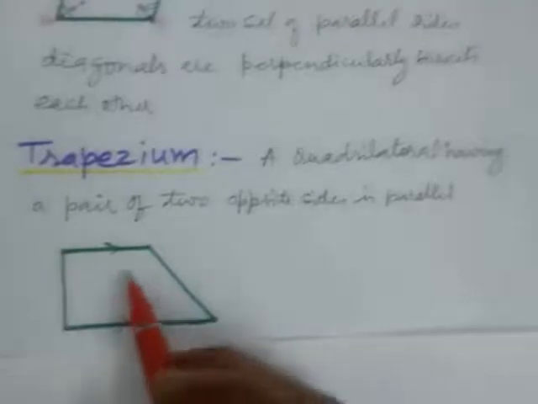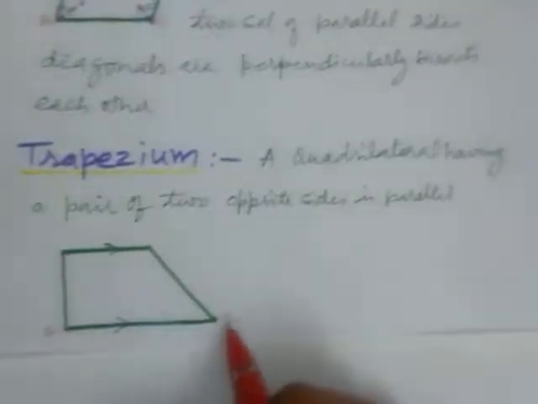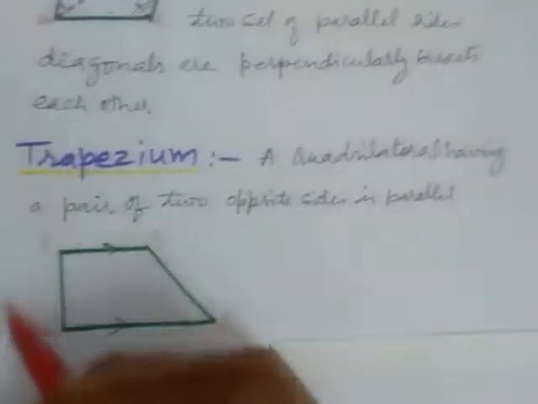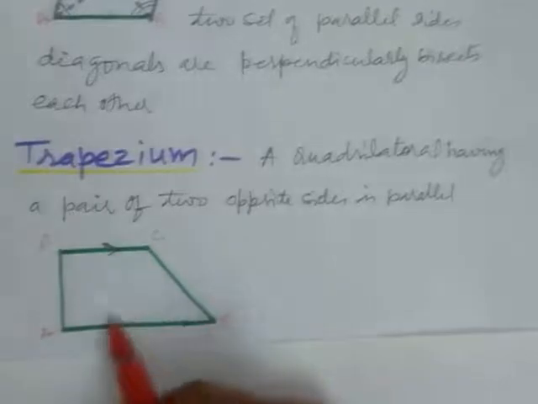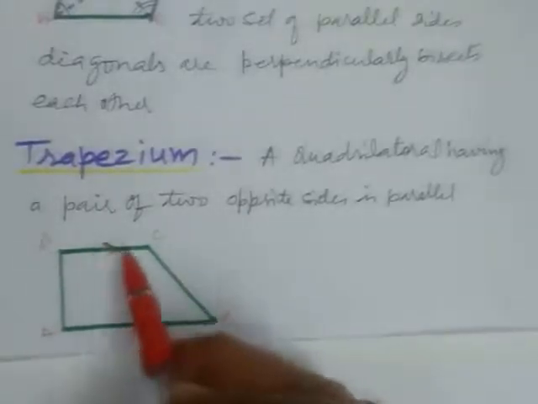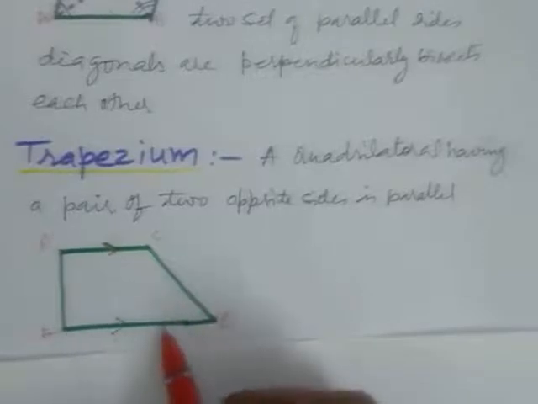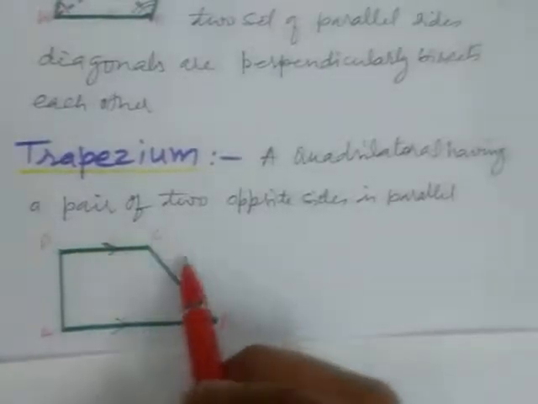Here is the trapezium. This is a quadrilateral ABCD having a pair of opposite sides, this and this, which is parallel. This line is parallel to this. So this type of figure is known as a trapezium.